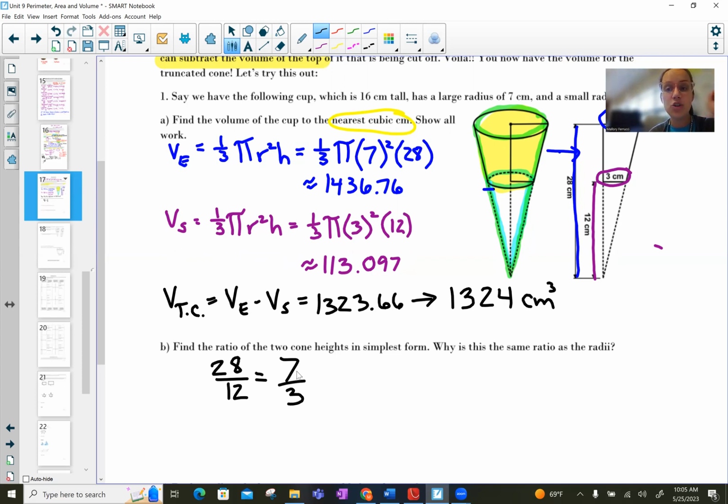Now, what's interesting is that this is the height of the entire cone and the height of the small one. But if we found the radius of the entire cone and the radius of the small one, and we divided them, set up as a ratio, it's also 7/3.